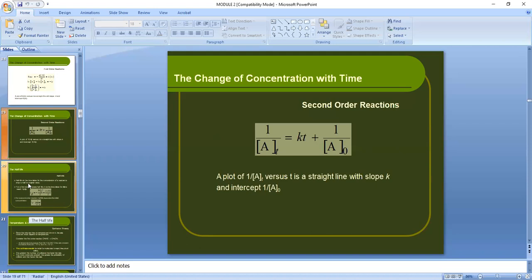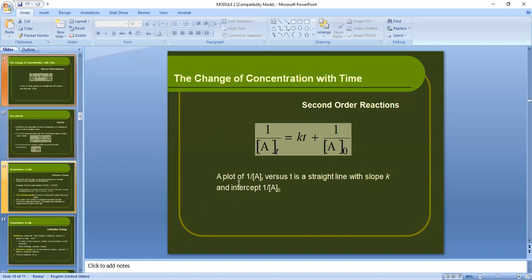So that's for a second order reaction, and it's stated here that if you're going to plot the reciprocal of the concentration of A versus time, you will have a straight line with slope equal to k and an intercept equal to 1 over the initial concentration. This is just like, this is your y, this is your mx plus b. So if you would be asked questions like this in reviewers, you will encounter questions like this in concept form.